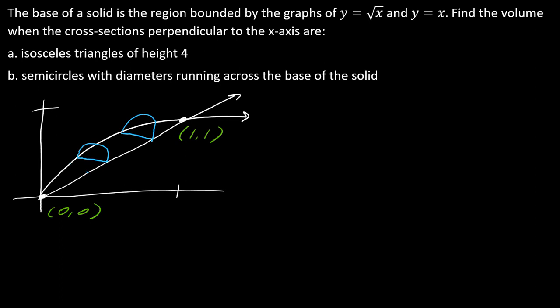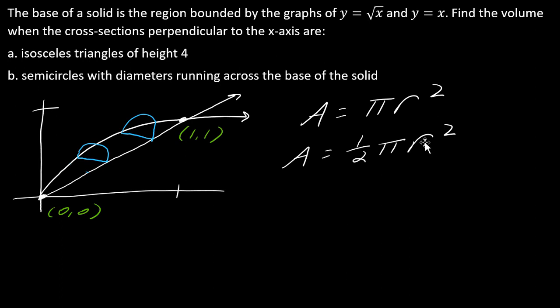So a circle has area, oops, what am I thinking? I'm thinking of the triangle. Pi r squared. So a semicircle is going to be 1/2 pi r squared. And so then we have to figure out what the radius is.